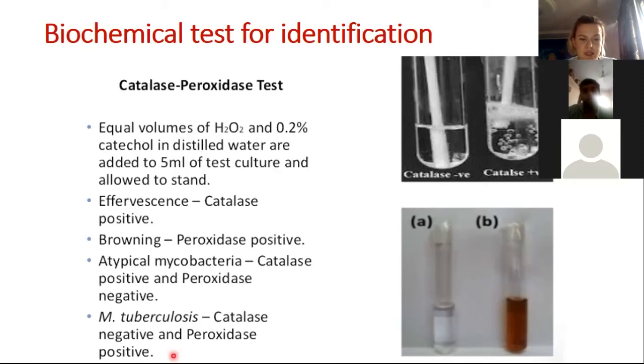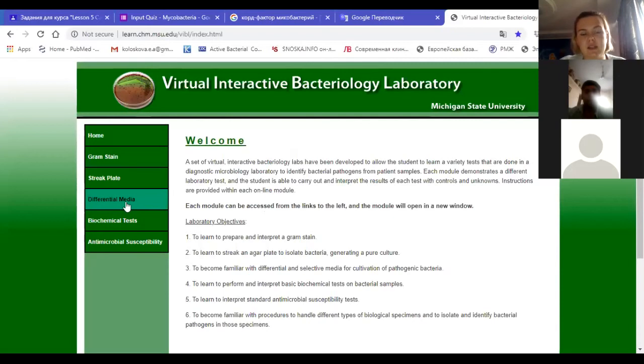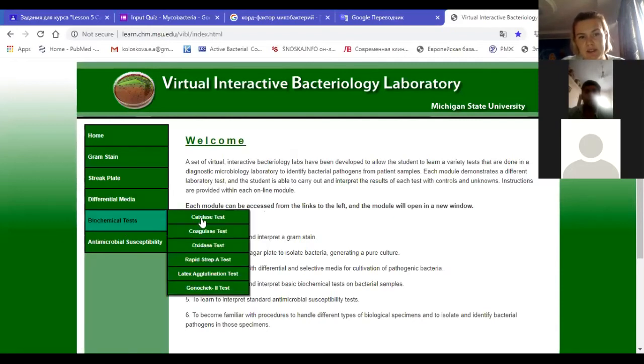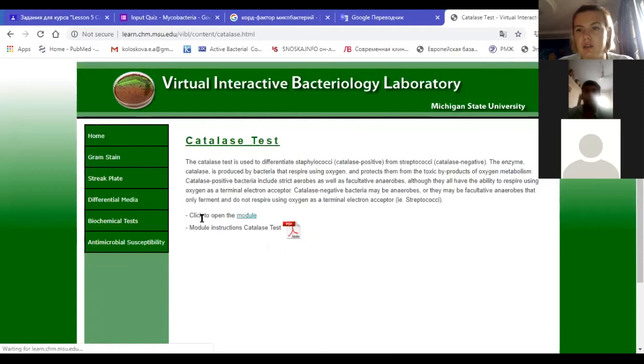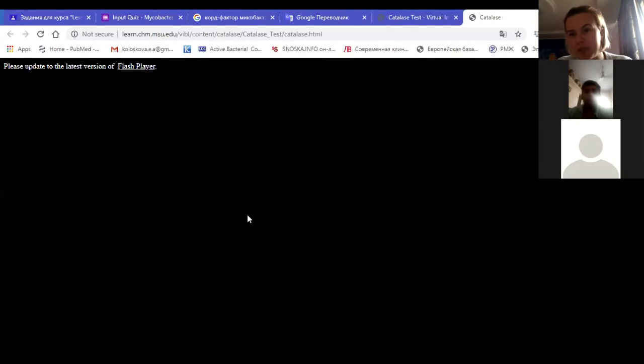Now I want to demonstrate how to prepare the catalase test. We are preparing the catalase test with Staphylococcus aureus, but we should remember that this can be Mycobacterium tuberculosis. But how can we prepare it and how can we interpret this result?